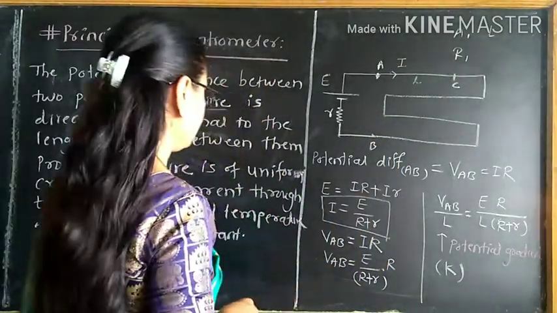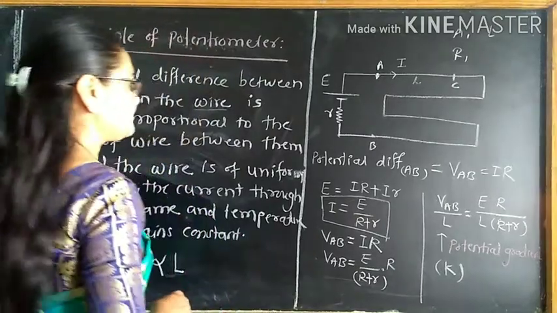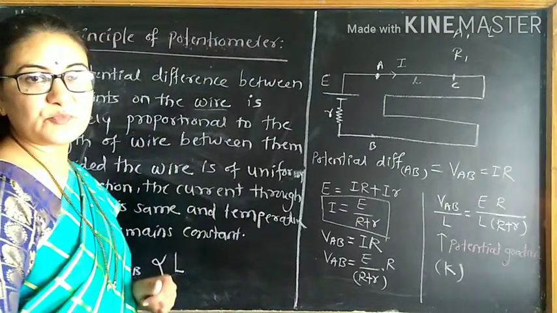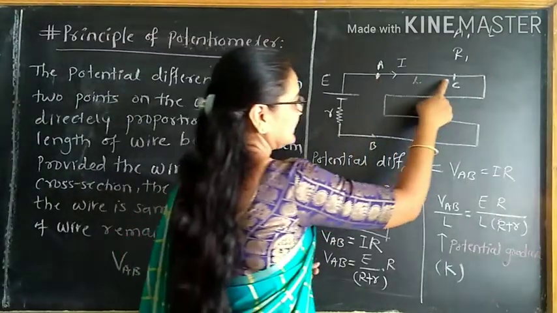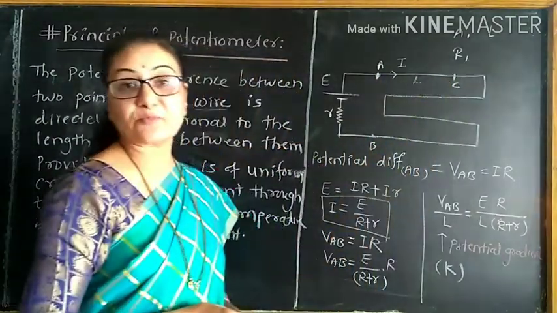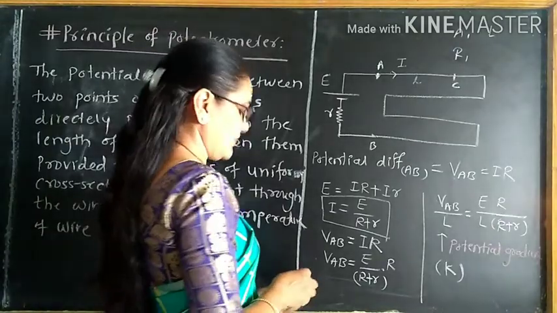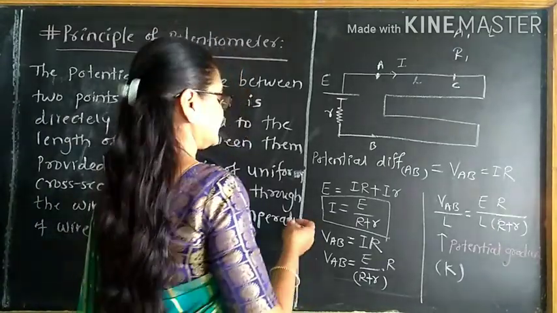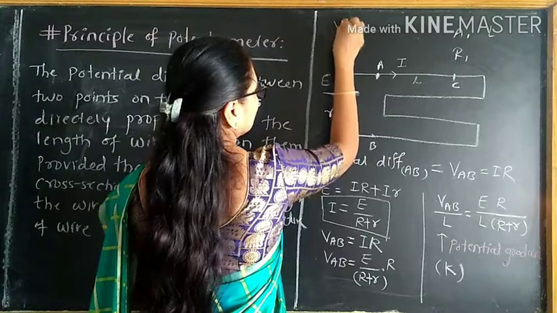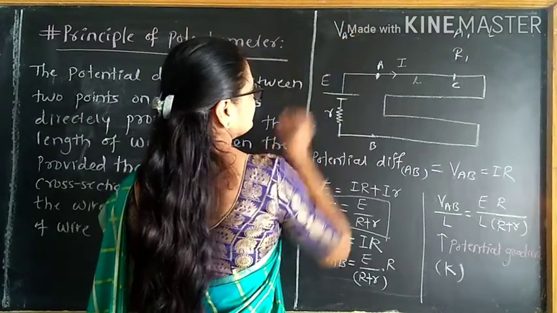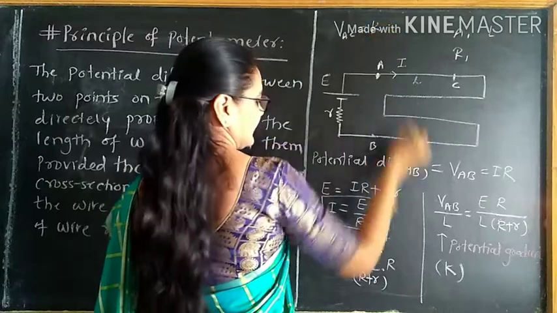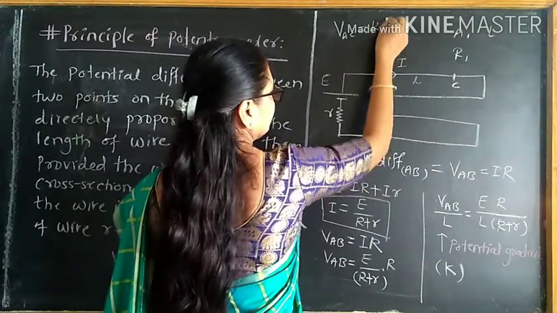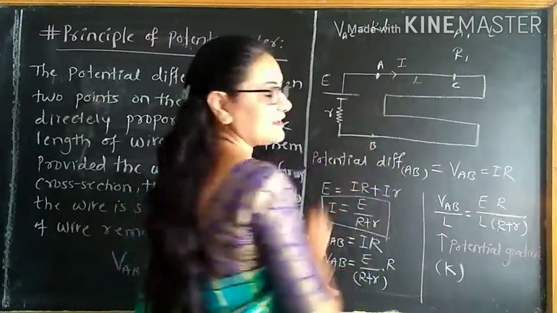VAC is equal to what? According to the principle of a potentiometer, we know that the potential difference between any two points is directly proportional to the length between those two points. Means, we can say that the potential difference between points A and C is equal to this potential gradient into this length l.